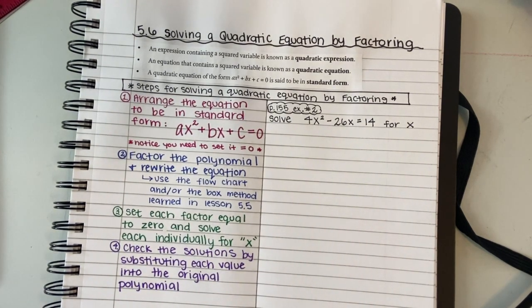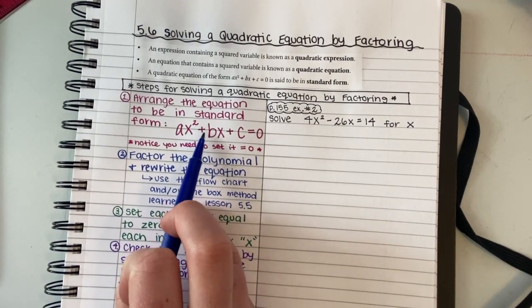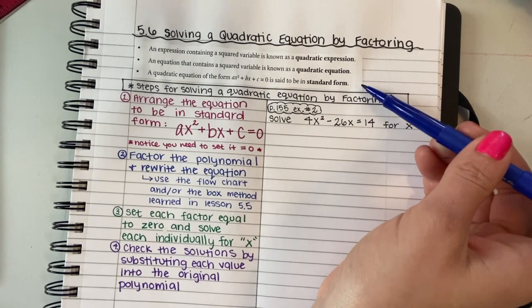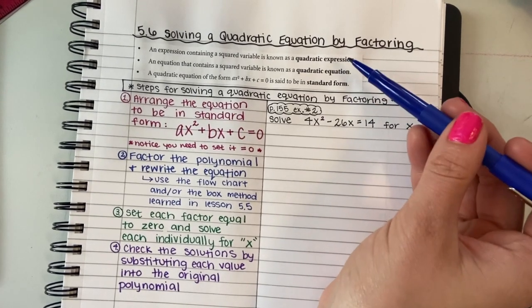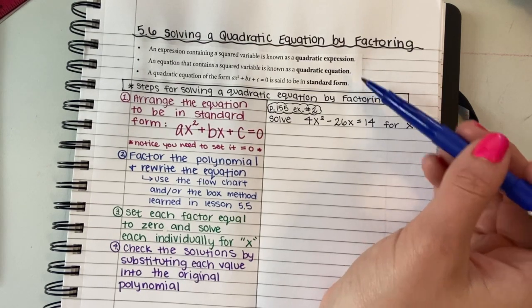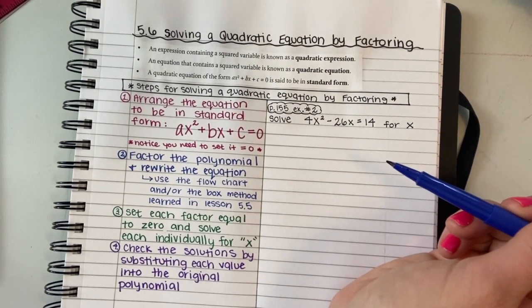And a quadratic equation that is in standard form looks like this: ax squared plus bx plus c equals 0. So that's what our three definitions right here are telling us. We know what a quadratic expression is, a quadratic equation, and standard form of the quadratic equation.